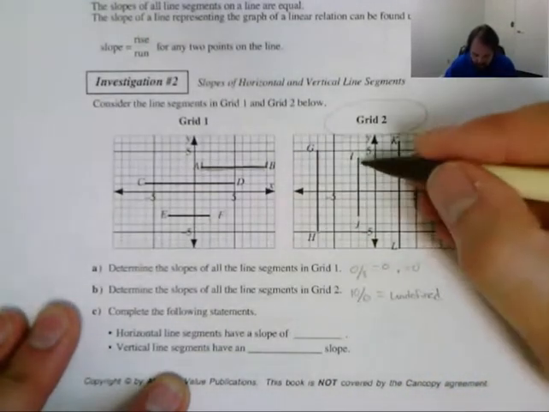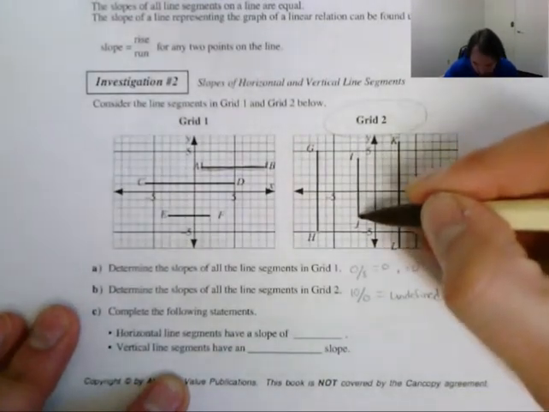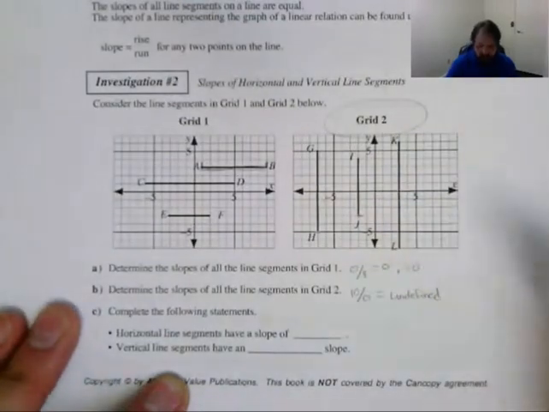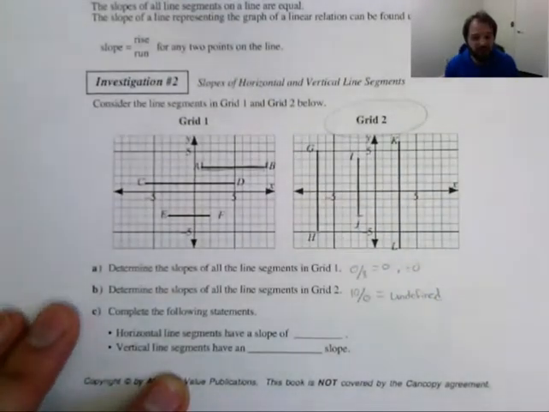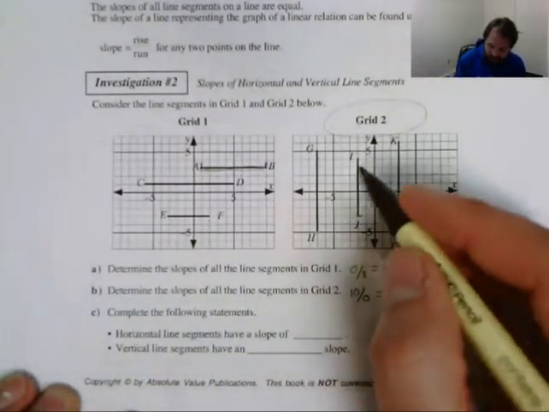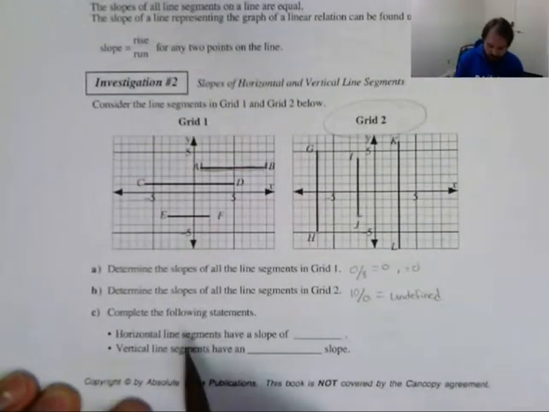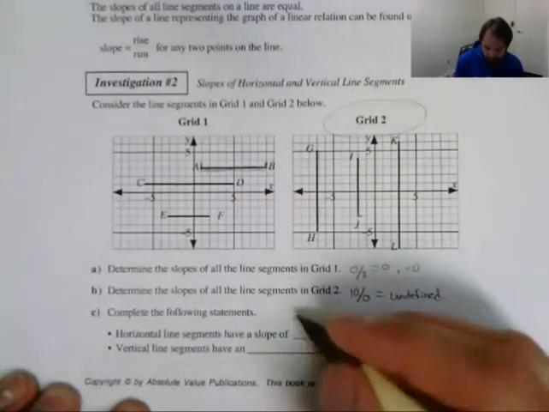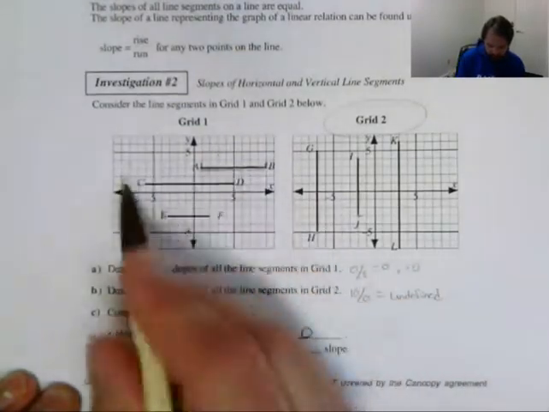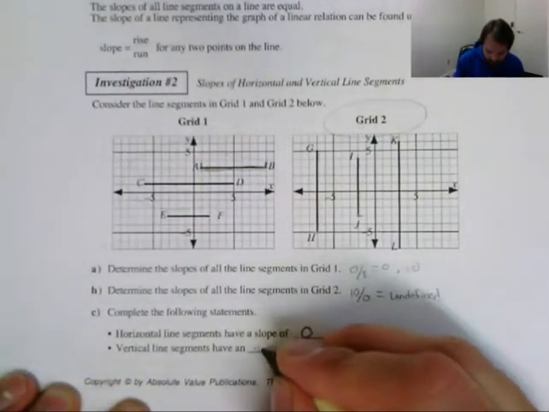Let's look at my other ones. Look at this one here. We have a difference of 7 up and down. So 7 divided by 0, and we cannot divide by 0. You can punch it in your calculator and it won't give you an answer. It is undefined. So essentially, anytime we have a vertical line, my slope is undefined. So horizontal line segments have a slope of 0. All of these have a slope of 0, and anything that's a vertical line has an undefined slope.